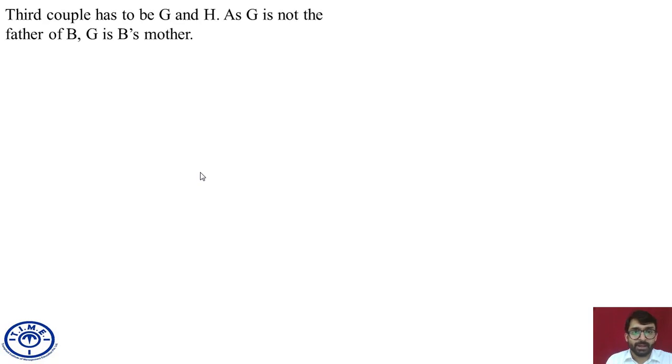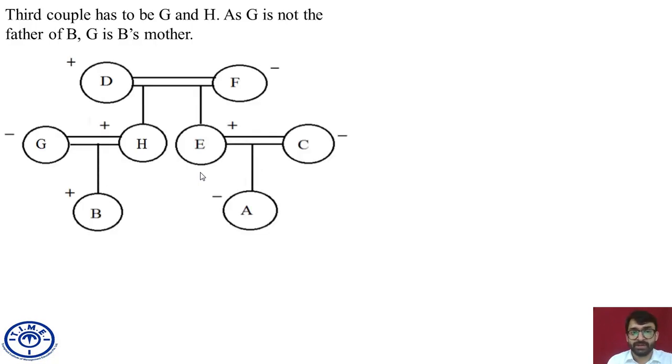As G is not the father of B, mentioned in the statement, that means G is the mother of B, because there are only two spots left to fill. So the remaining person is H. H has to be the father of B. This is finally the family tree we can get after reading all the statements.